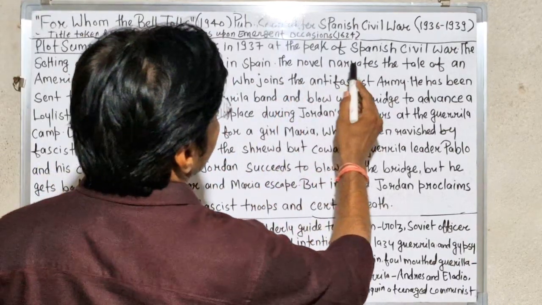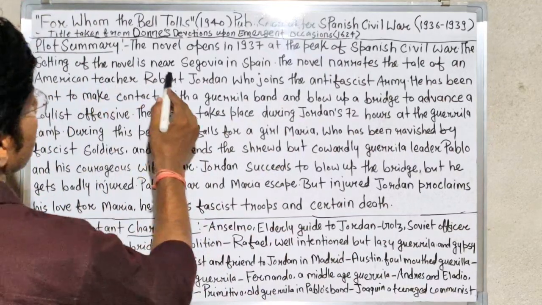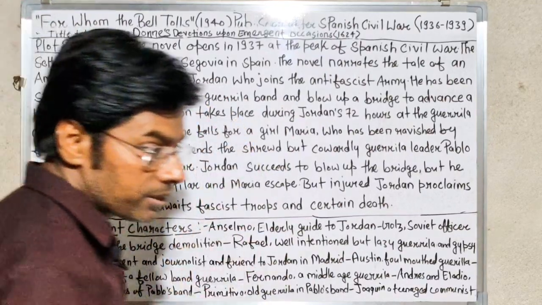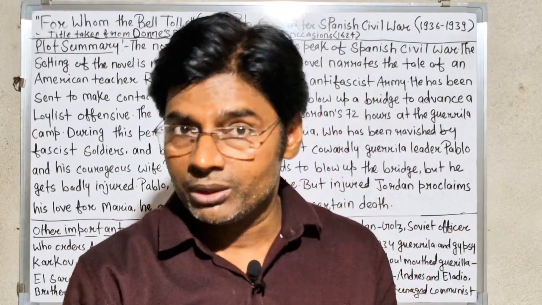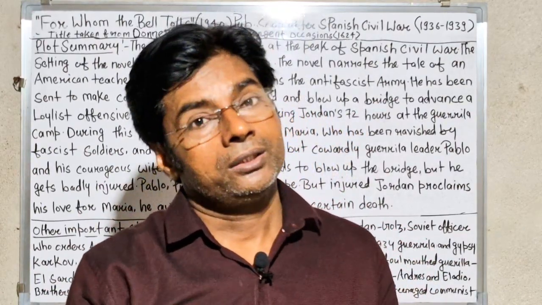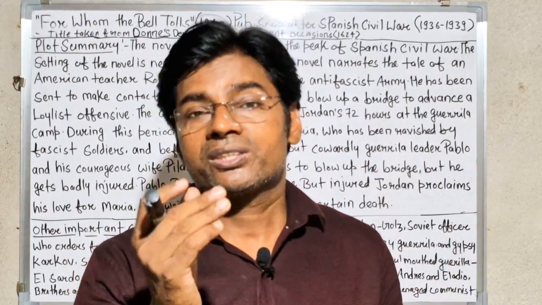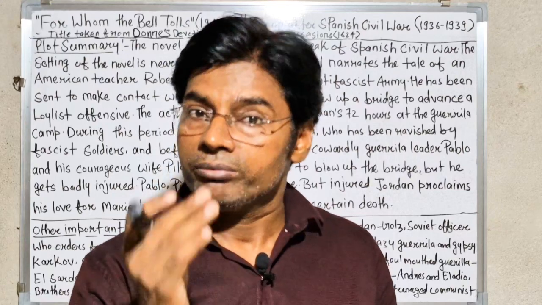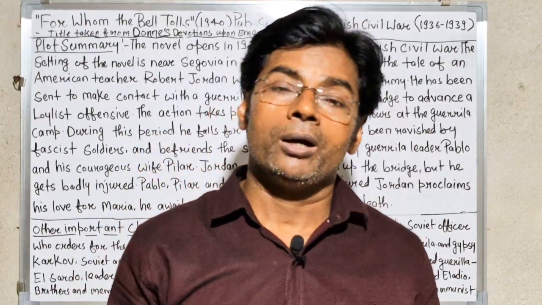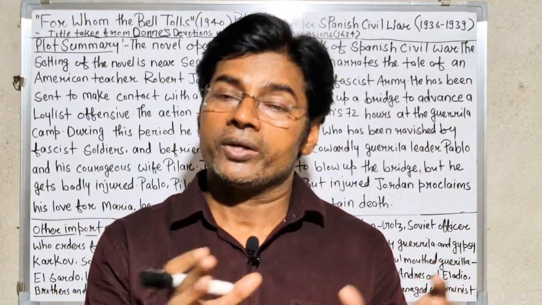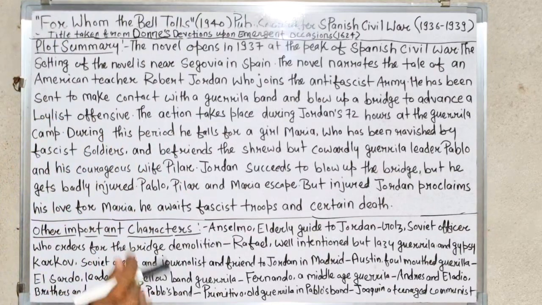The novel narrates the tale of an American teacher, Robert Jordan. Remember that. Robert Jordan is an American. He is a teacher by profession, and this teacher gets a call from a band of guerrillas to join them in order to blow up a very important bridge using dynamite.